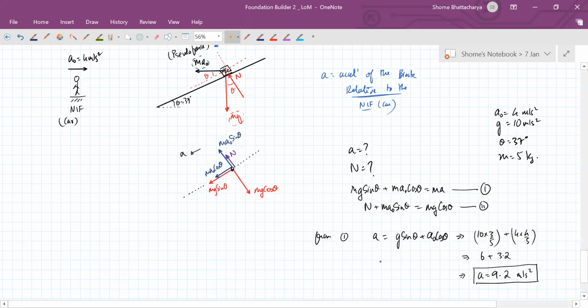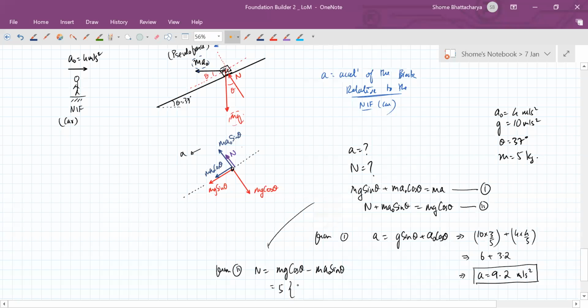Okay, so that is my acceleration. And from equation 2, we'll have N is equal to mg cos theta minus m a naught sine theta.